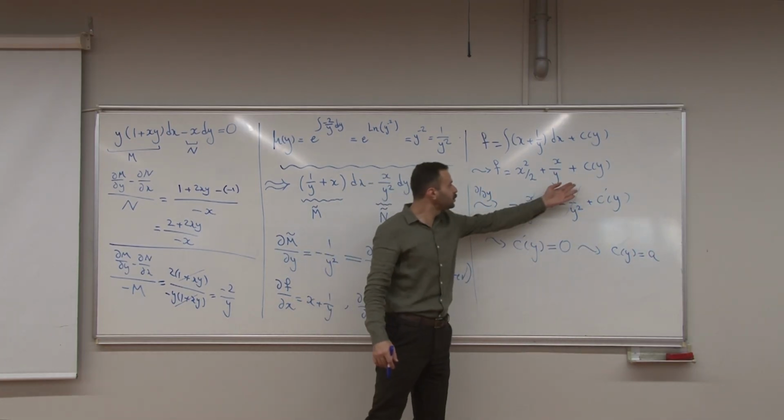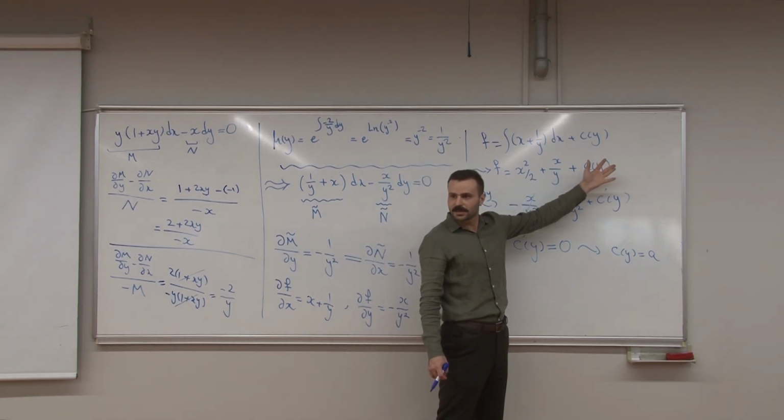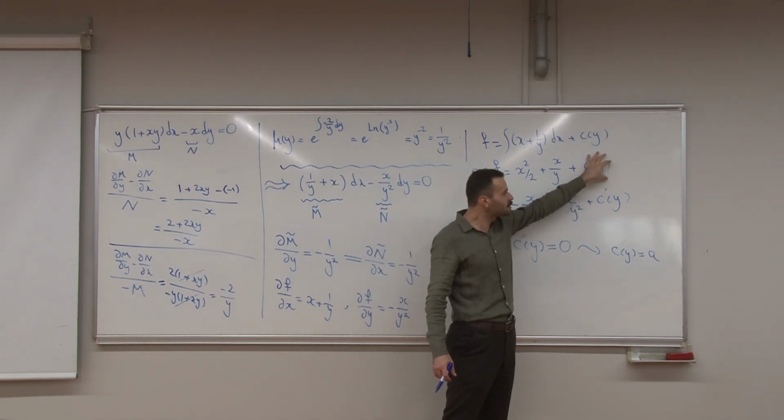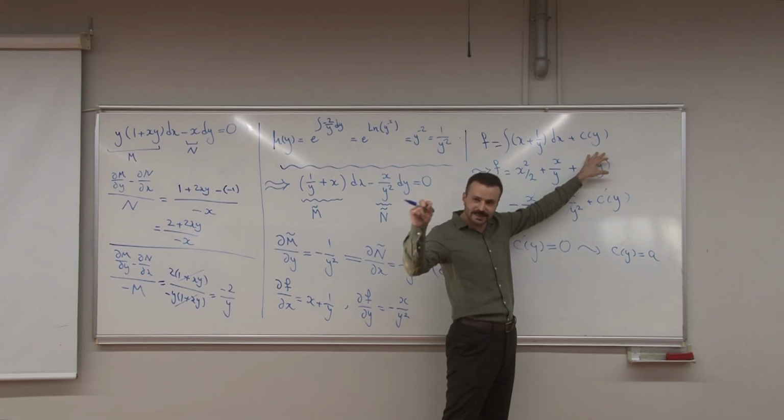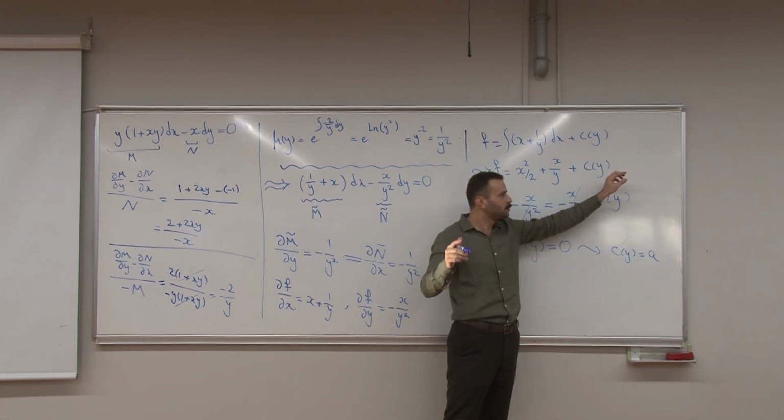Now, come back and place it here. Because I'm going to work with the level curves, there is no need for me to add that constant here. If I write the equation f of x y equal to c, I can take the constant to the other hand side and just rename it.